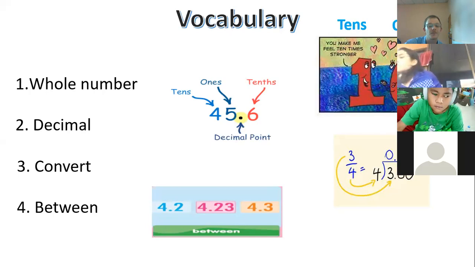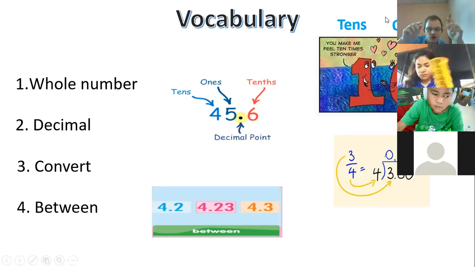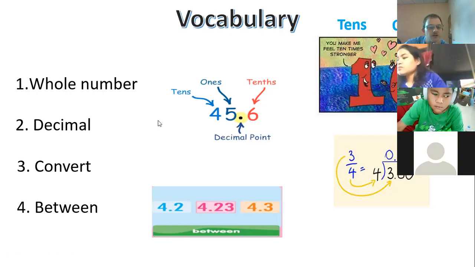The number in the example is 6, yes, but it means decimals. Convert means we have to convert from fraction to decimal. We will do that in the future. And between is in between two numbers. We have 1, 2 in between. So those ones we've done.